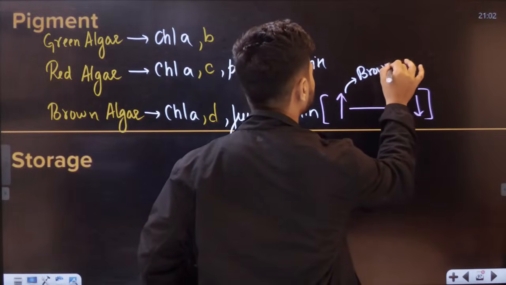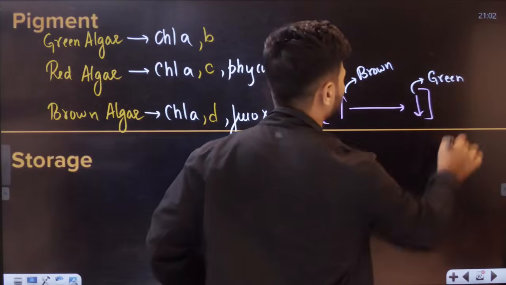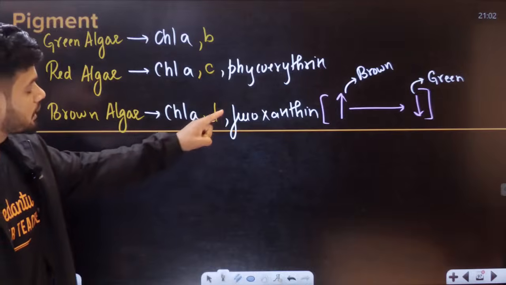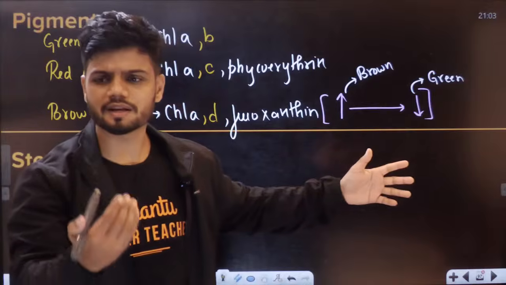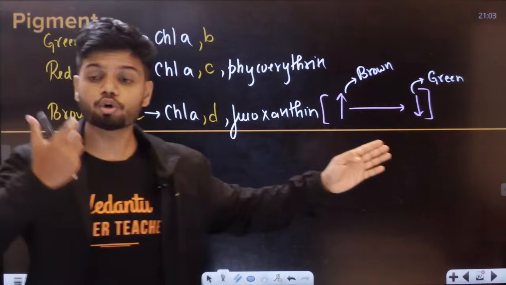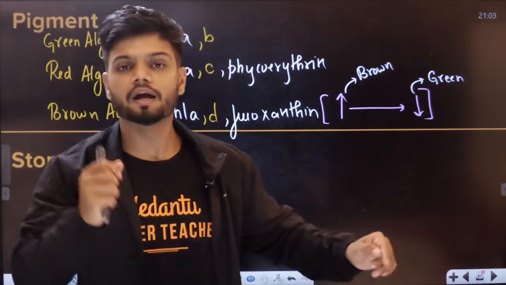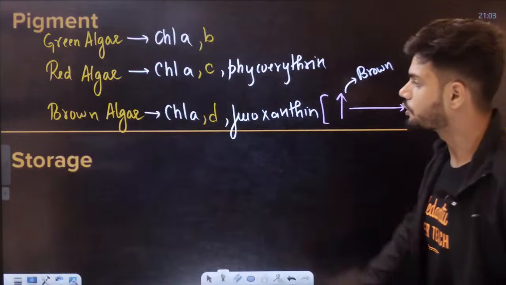When the fucoxanthin is very low, it will look green or olive green. So students, depending upon the concentration of fucoxanthin, and there are obviously different carotenoids also, this entire look of the algae will change. It can be completely brown or completely green, depending upon the concentration of the pigment. Okay, that is brown algae.